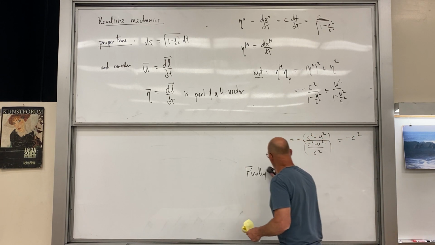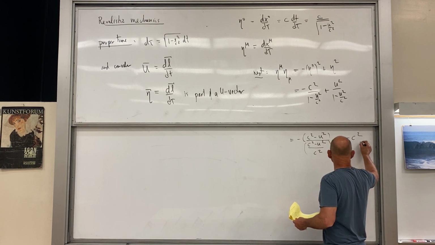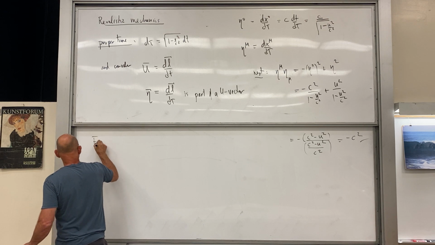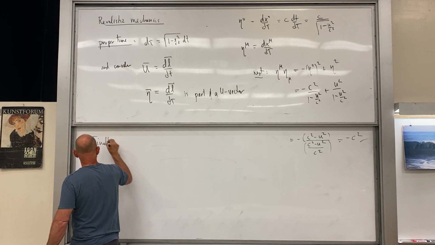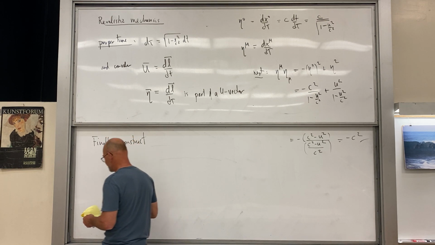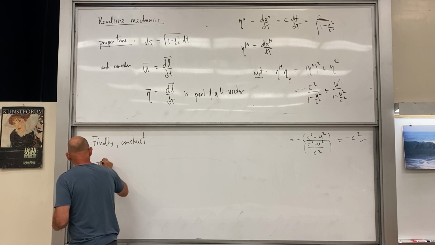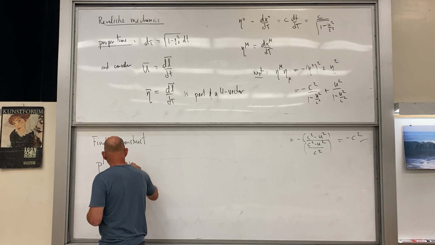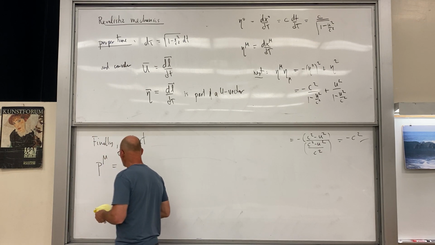So let's put this over here. So yeah, we found this invariance. So finally, construct P mu is equal to M eta mu.